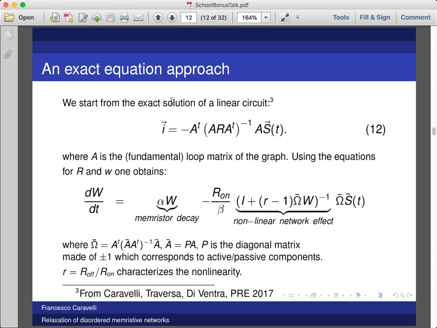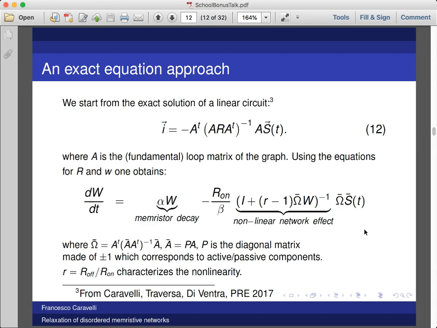For the details on how this equation is derived, I suggest the paper at the bottom of this slide where we derive this equation. But all I want to say is that if you start from equation 12 and insert the fact that these are memristors of the Strukov-Williams type, then you can derive an effective differential equation for the network of memristors.